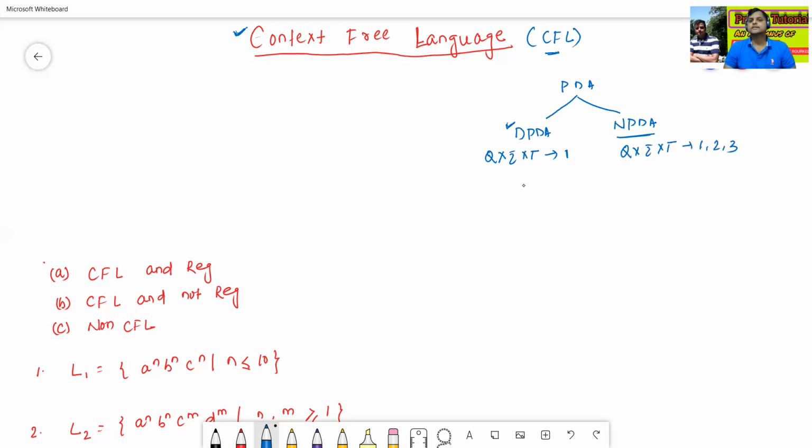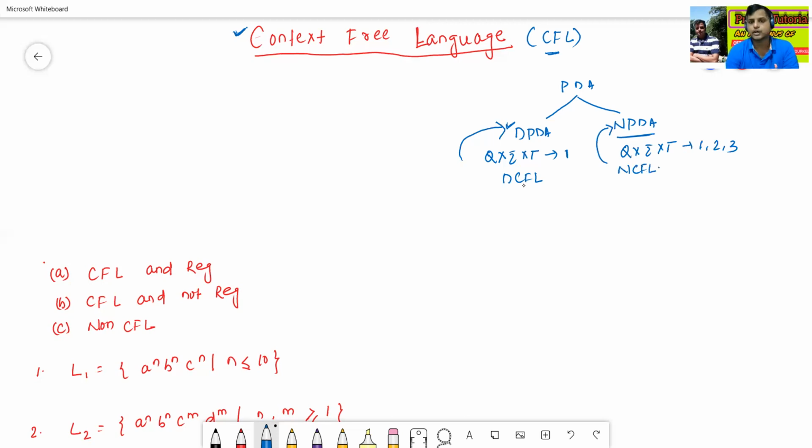The language associated with DPDA is called DCFL, deterministic context-free language. The language associated with NPDA is called NCFL, non-deterministic context-free language.